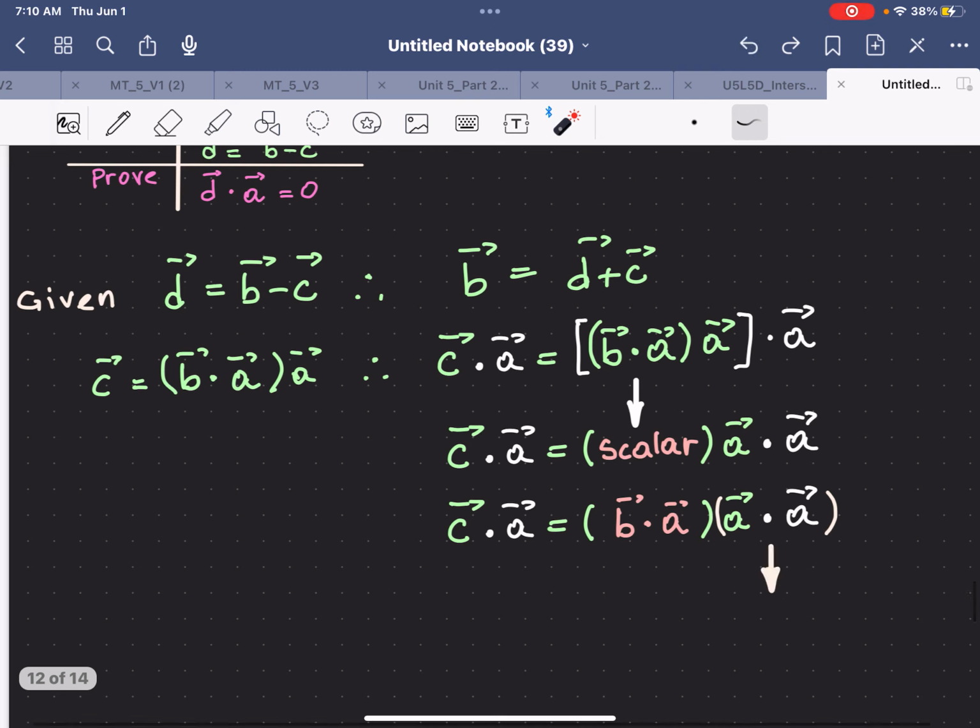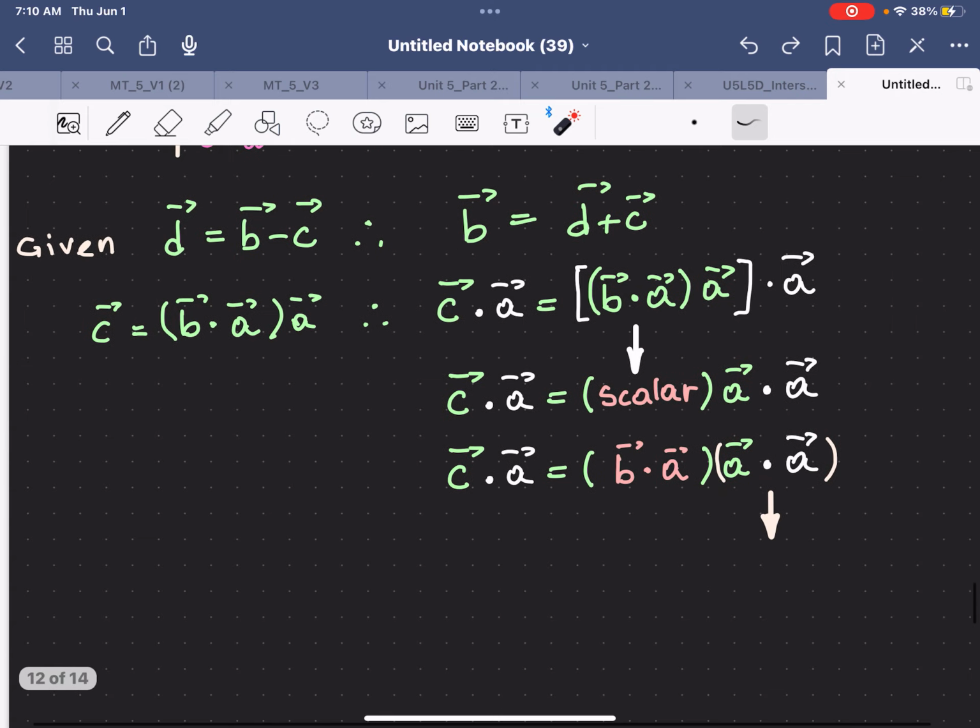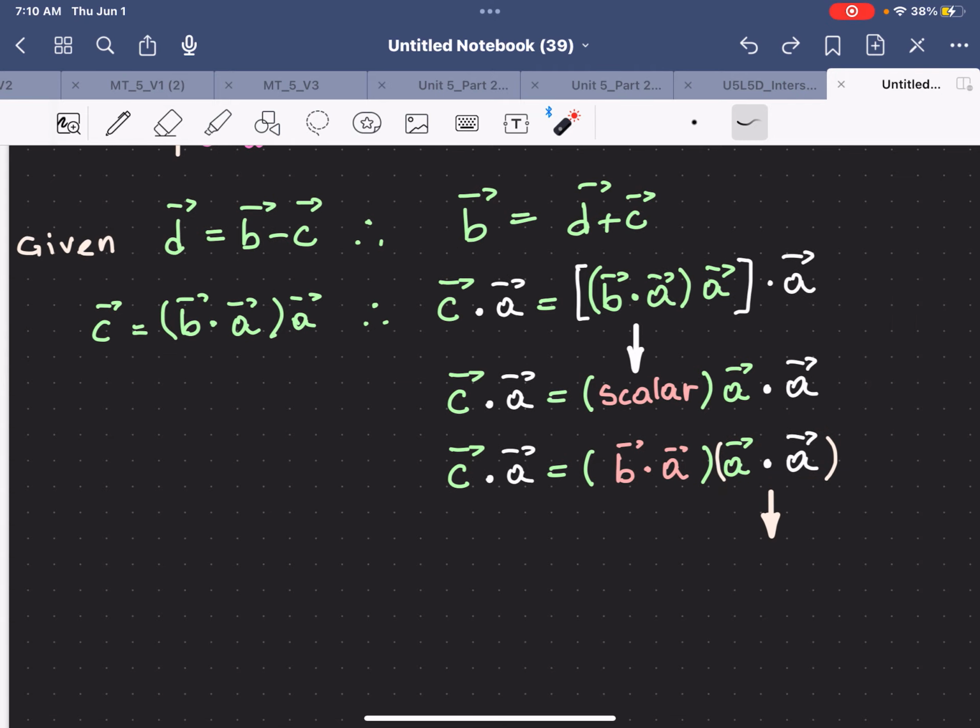So the next thing we want to do is take care of a dot a. Now, a dot a is very easy to take care of because we know a is a unit vector, and that's the whole reason why we multiplied by a in here, so that we would get rid of this a that is on the side of the equation, so that we can have a free pathway to get to vector b in here.